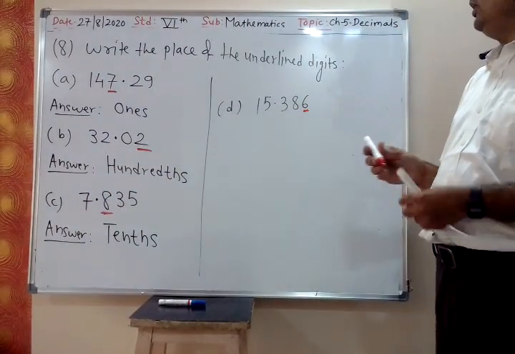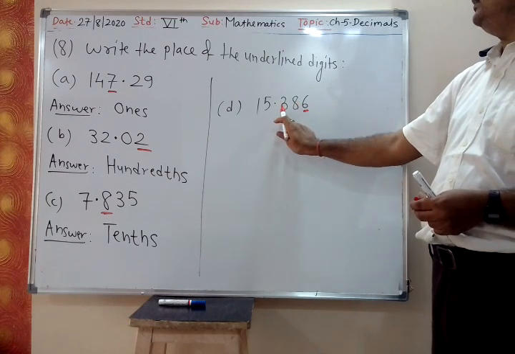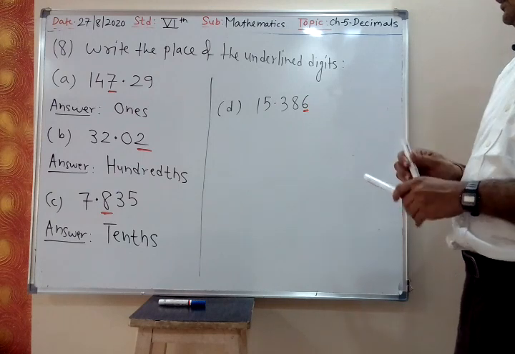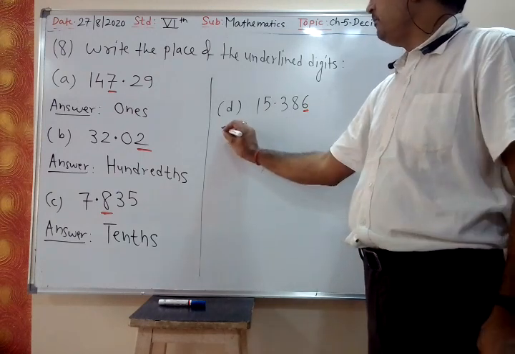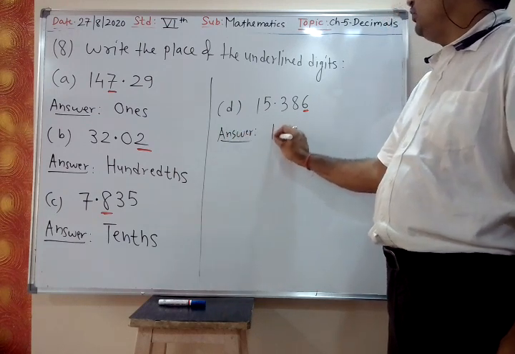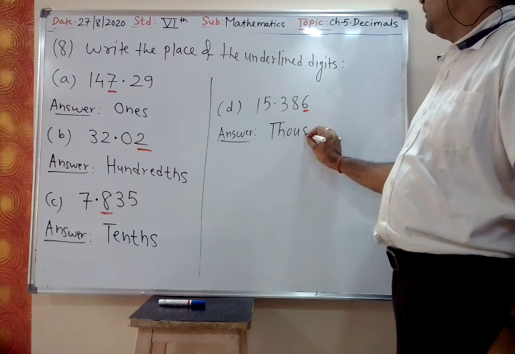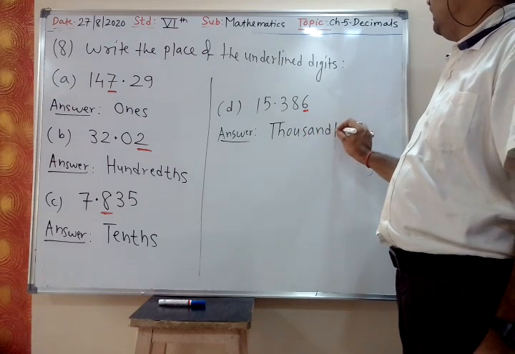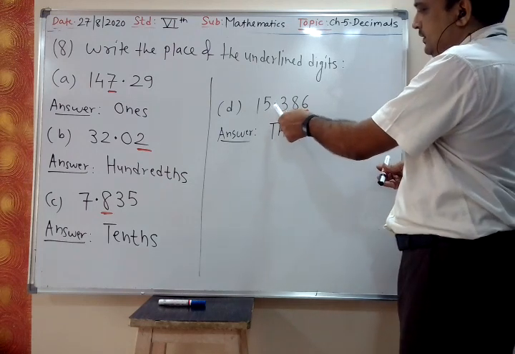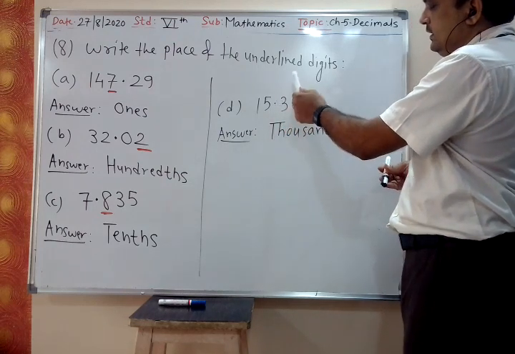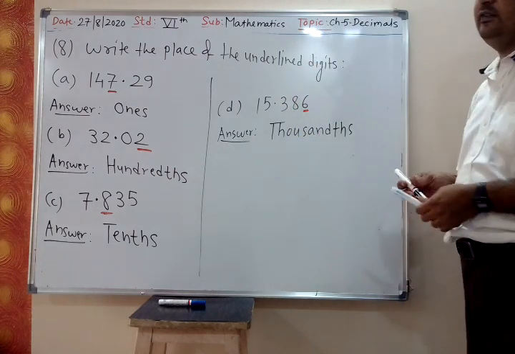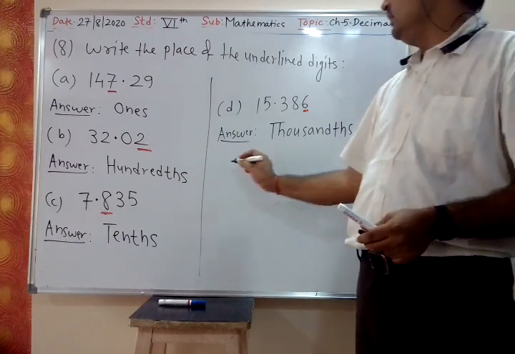So that is thousandths. After the decimal, the first digit is tenths, second is hundredths, third is thousandths. So the answer is thousandths. My dear, after the decimal, the first digit is tenths, second digit is hundredths, third digit is thousandths. See the place value chart. Just now we have seen the place value chart.